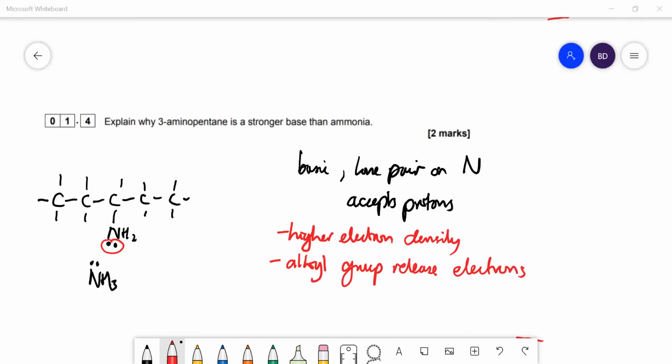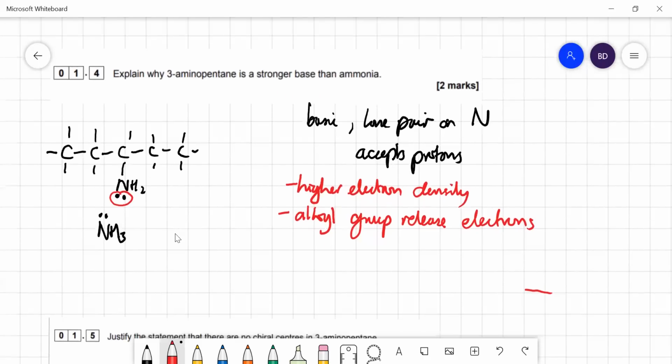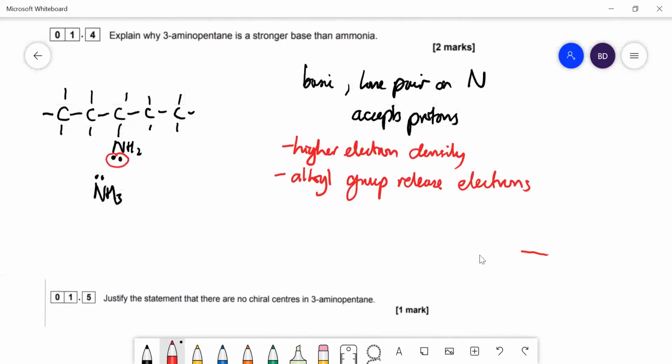Okay, so for your 2 marks, that is all you need to say really, but you do need to mention the lone pair. A lot of people don't mention the lone pair because I think that's kind of understood, but usually that's in the mark scheme. I don't know whether it is in that one, I haven't checked, but it usually is mentioned in the mark scheme. You need to say about the lone pair accepting protons.